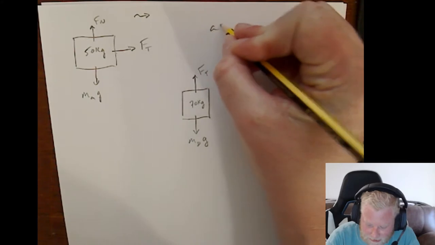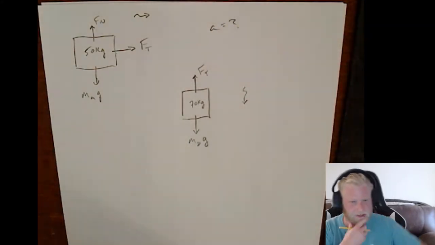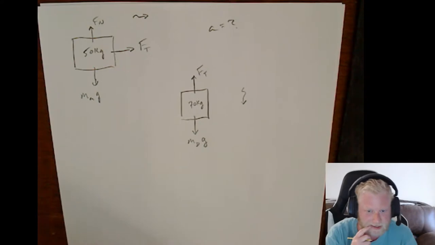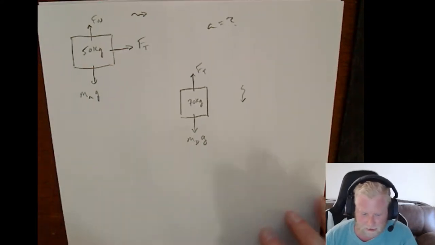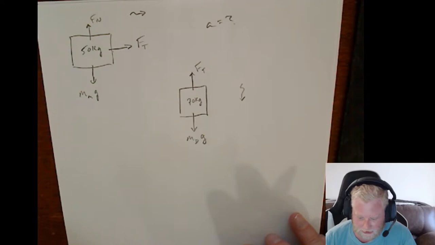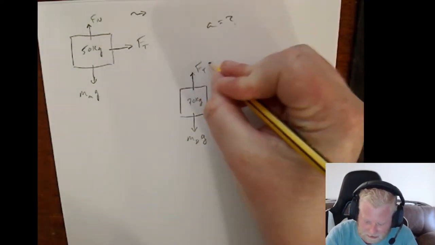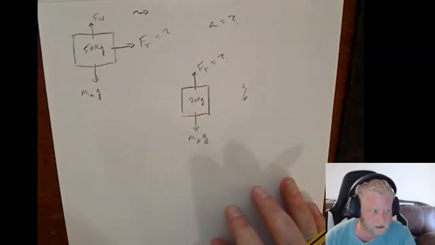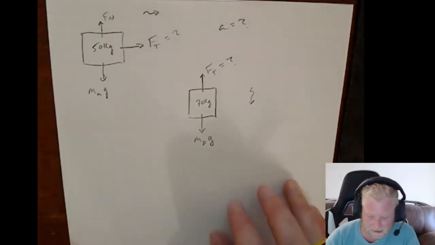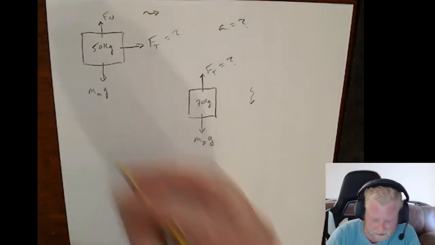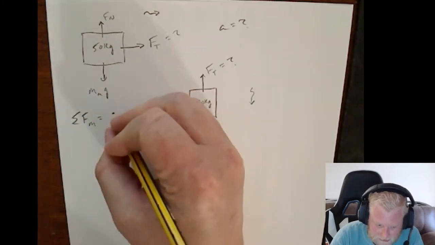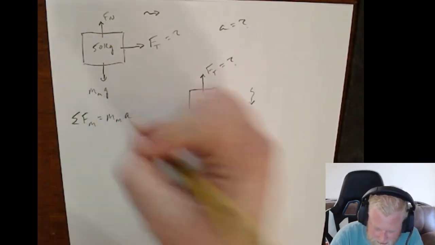The other thing that's going to be the same is the acceleration, because the rope is taut, so they're acting as two objects in a single system. Now, if we want to figure out our tension force and our acceleration, a good place to always start with these problems is to set up a net force equation for each of these objects. So the net force acting on Mary is equal to Mary's mass times her acceleration.